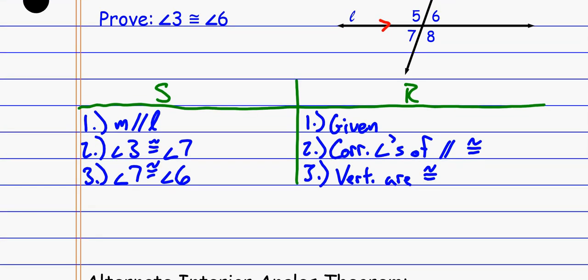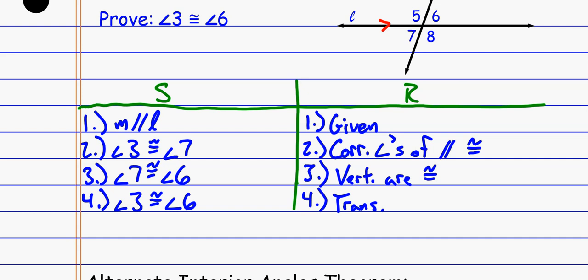And now hopefully here you see the fourth step. If 3 is congruent to 7 and 7 is congruent to 6, well then guess what? Angle 3 is congruent to angle 6. And that, of course, is our transitive property. Again, if you want to say something like substitution, there's really not that big of a difference between those things, okay?